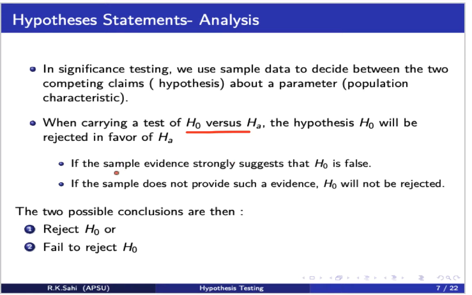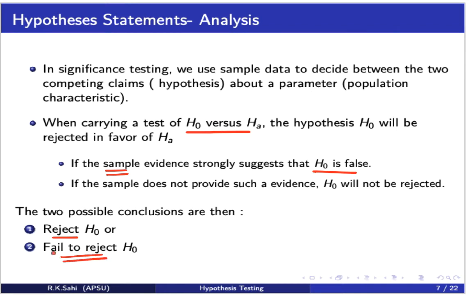So if the sample, and this sample, guys, is the random sample data we take, says strongly that the null hypothesis is false, then definitely we're going to reject the null hypothesis. But if the sample data does not provide such evidence that the null hypothesis is false, then we fail to reject the null hypothesis.